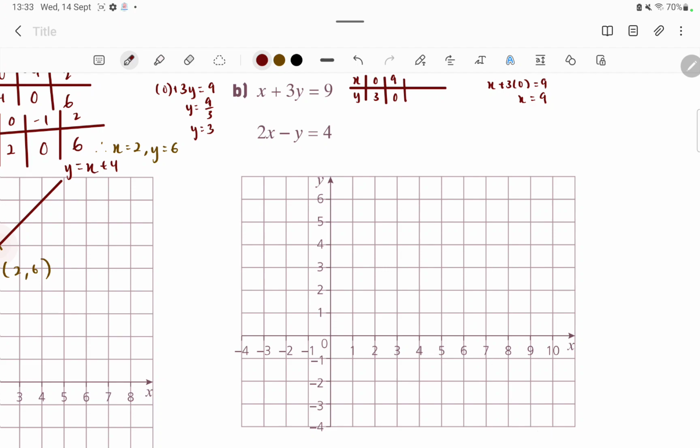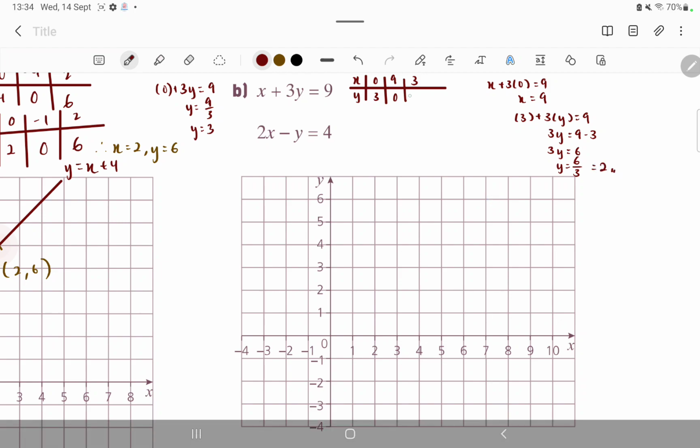So when x equals to 3, 3 plus 3y equals to 9. So move 3 to the other side, you get 9 minus 3. So 3y equals to 6. And then move 3 to the other side, multiply becomes divide, 6 over 3. You should get 2 as your y.